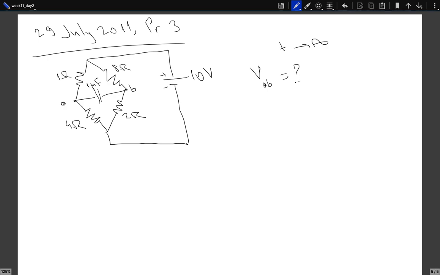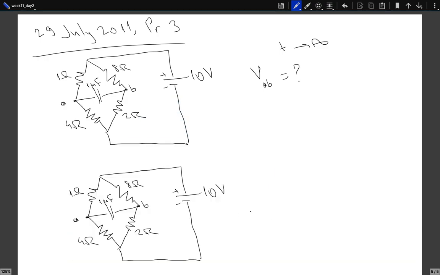We know that a long time has passed, so the capacitor is now full. It doesn't allow any more current running through it. So this circuit is in fact equivalent to this one. Remove the capacitor, or remove the wires that have the capacitor, because no current will be passing through them.